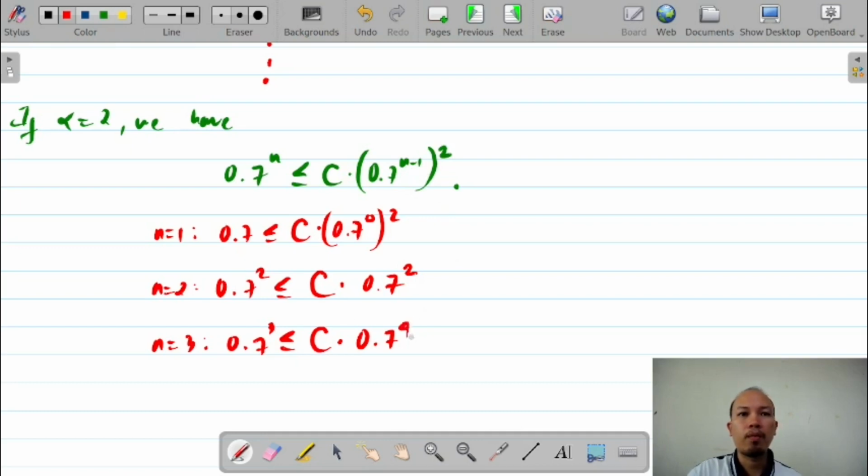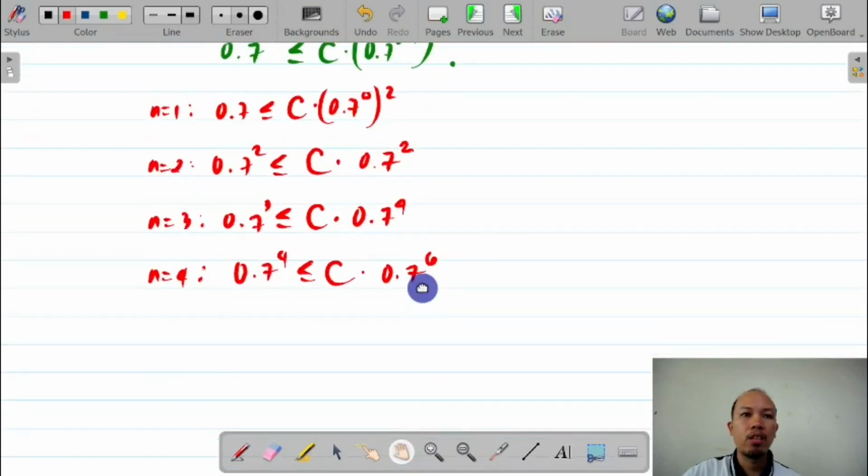Let's try another one, the last one: 0.7 to the 4 less than c times 0.7 to the 6, since 4 minus 1 is 3, times 2 is 6.